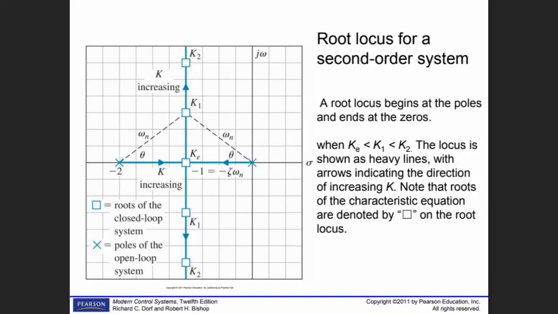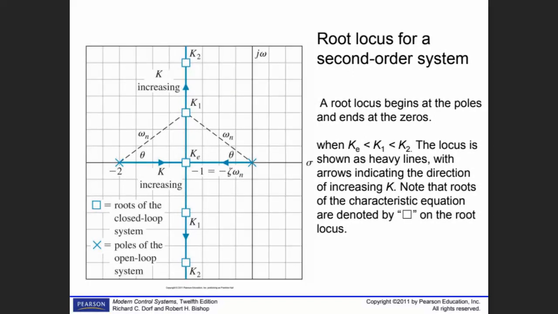We have 12 students in our classroom. Which one is better, K1 or K2? First, you ask this question to yourself. What better is?